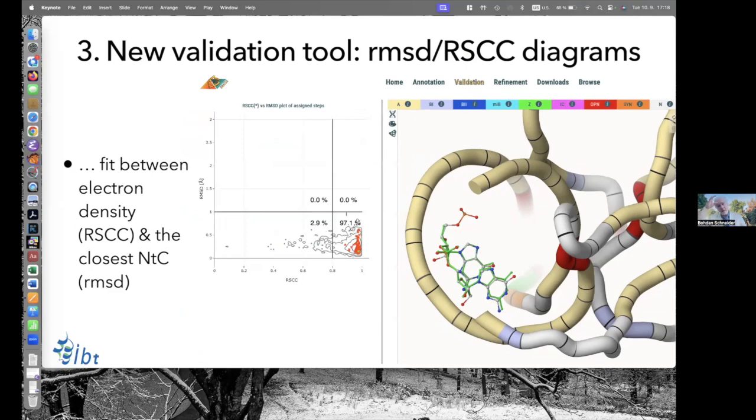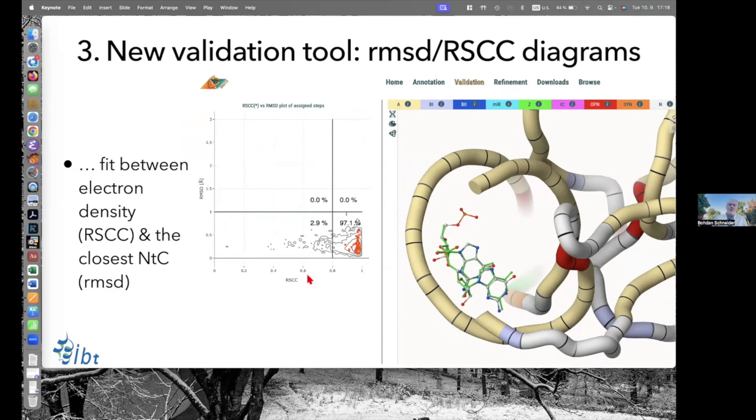This is the slide that shows the new validation tool that we developed, and that is very powerful. And again, it very quickly shows you where you are with your structure, or with an archival structure for that matter.